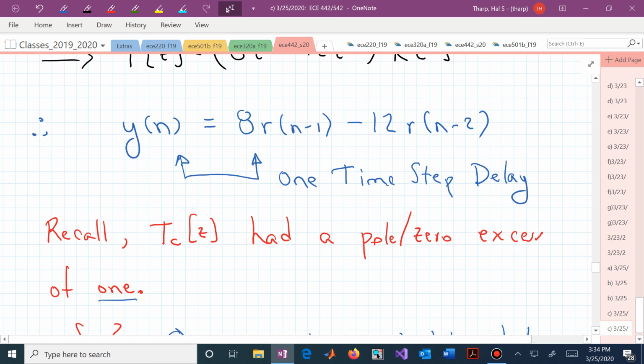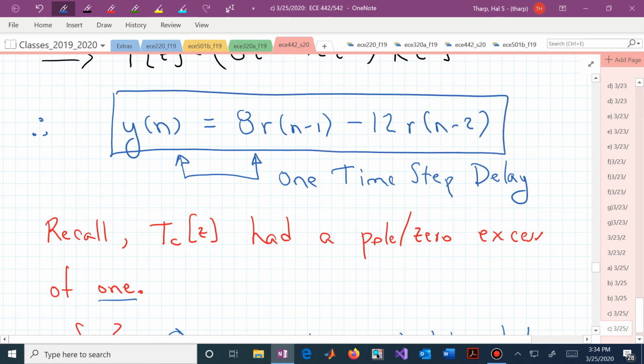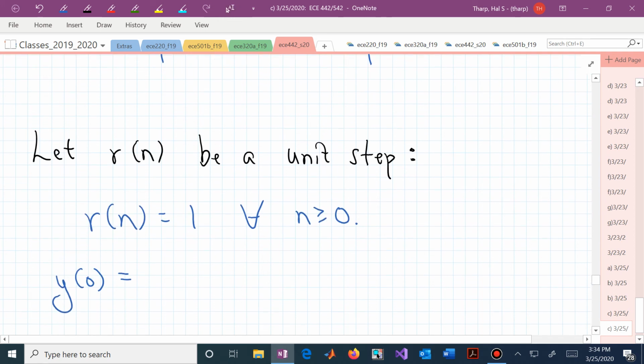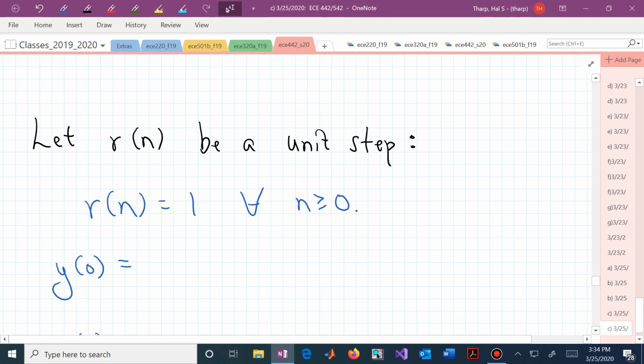Let's now just walk through that. Since we have the difference equation in the time domain, let's go ahead and just put some numbers in. We can iterate on what the different values of the output are going to be. Suppose we let r be a unit step, or r of n is equal to 1 for all n greater than or equal to 0. What's y of 0?